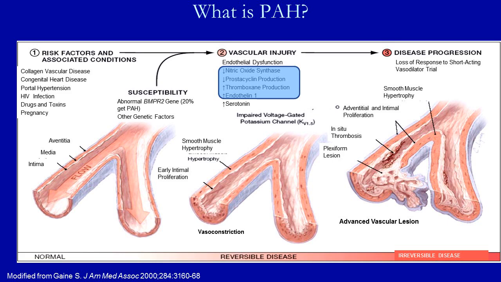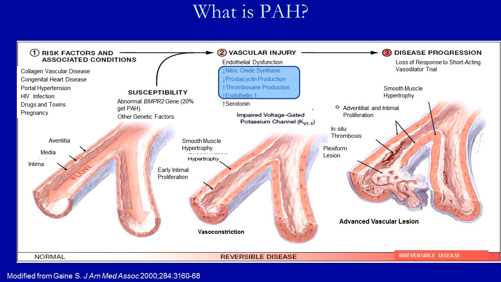Most of the conditions have been associated with some sort of risk factor or underlying condition, whether that's a collagen vascular disease or HIV or drugs and toxins, and there has to be some inherent susceptibility to a patient. We know about a few of the genes, but then there must be some other genetic factors that are there, because not everybody who has HIV develops pulmonary arterial hypertension. Not everybody that has scleroderma develops it.